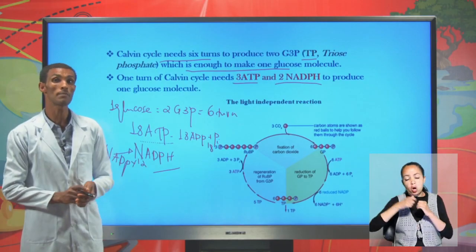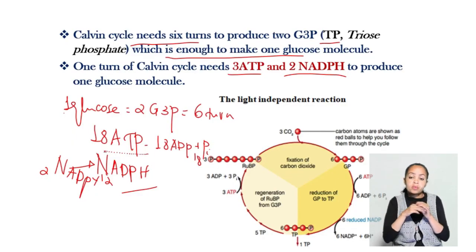This is how glucose is made in the fluid stroma of chloroplasts.